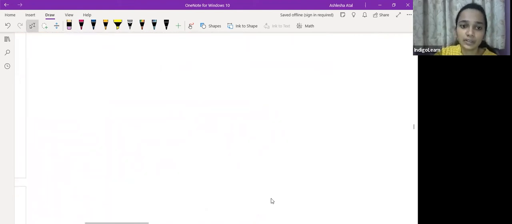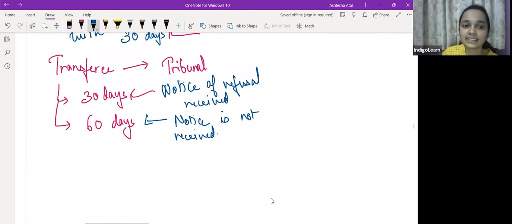So यहाँ पे जहाँ पे 30 days and 60 days था, in case of public company it is 60 days and 90 days. That's the only difference.